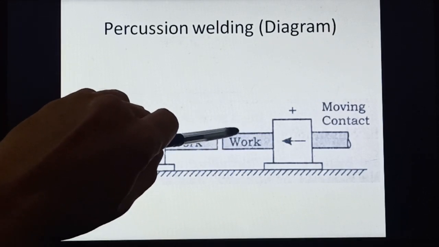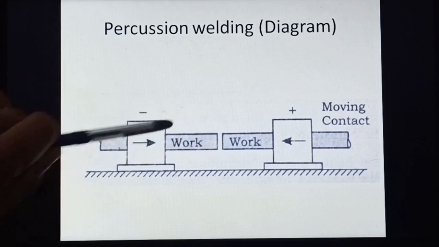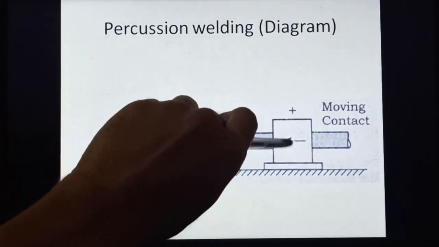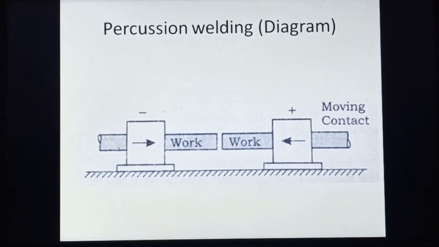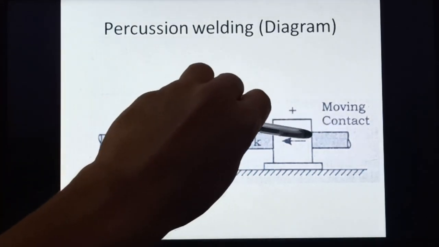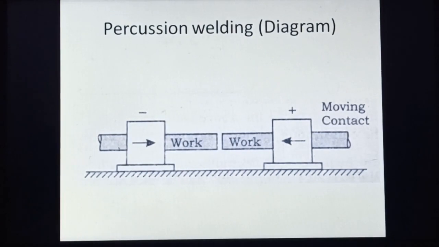Current is supplied to them through these terminals, negative and positive, and then they are moved towards each other and made to touch for a particular time. Due to the temperature, a weld is formed.